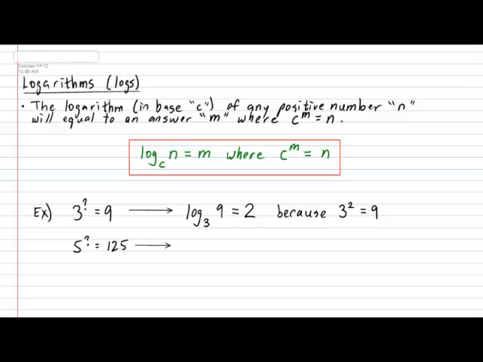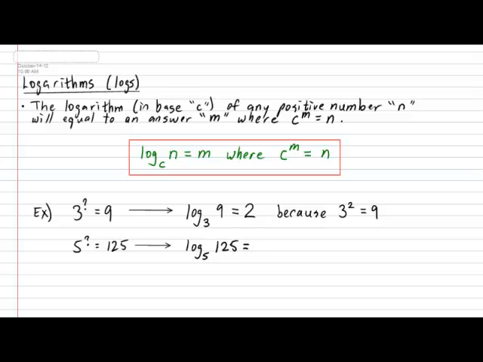Well, let's go over one more time how to write it properly. We start by writing the word log. The base 5 is kind of written below the log, and the number that we need to figure out for our log is 125 equals.